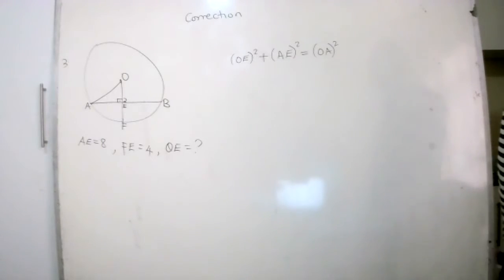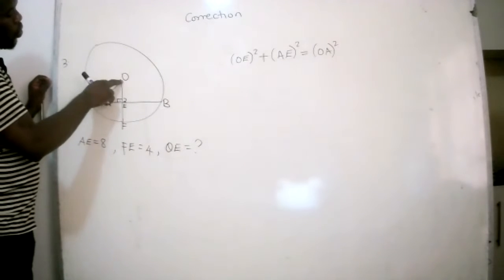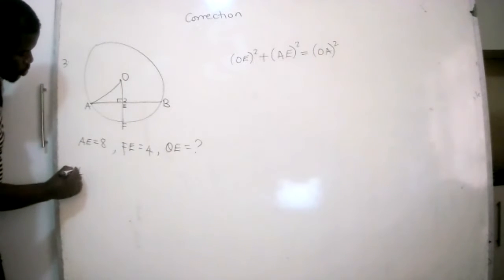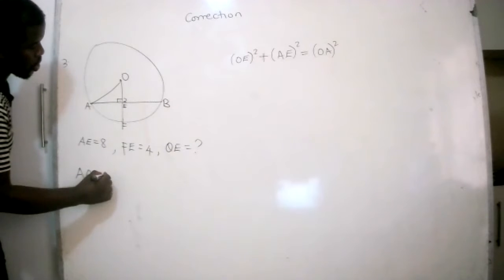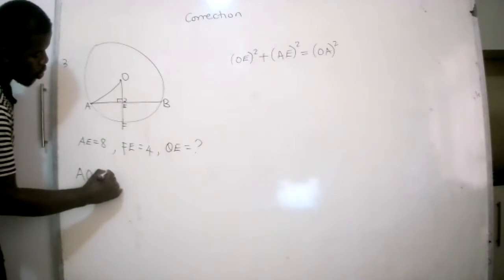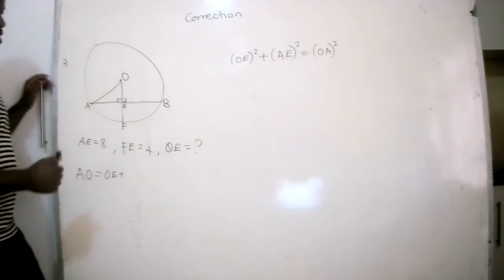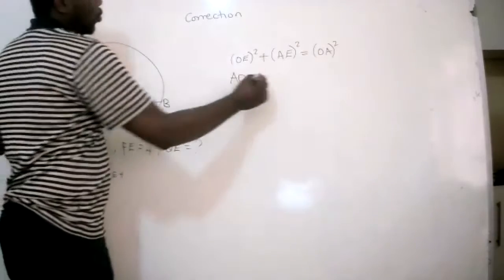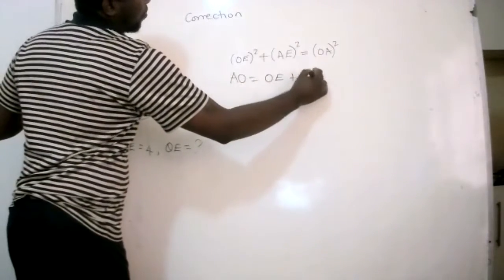Then after having that, we are going to take advantage of the fact that OA is equal to OF. So let's write OA in terms of OF. AO should be equal to OF, which is OE plus EF.